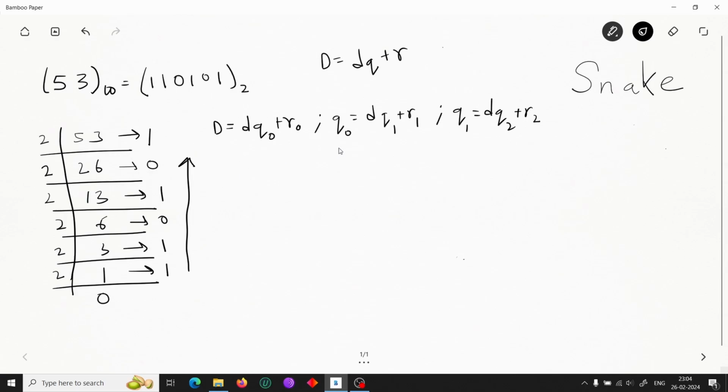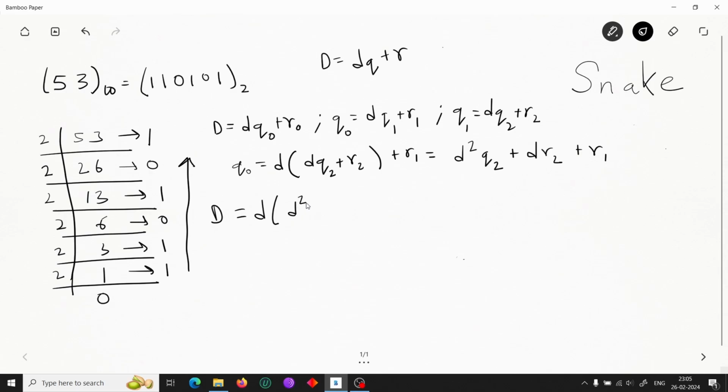We would simply get q0 is equal to d times (d q2 plus r2) plus r1, which would basically give us d square q2 plus d r2 plus r1, and then we are going to substitute this value for q0 in the original equation, where the number is equal to d times (d square q2 plus d r2 plus r1) plus r0 basically, and then we are going to multiply this.